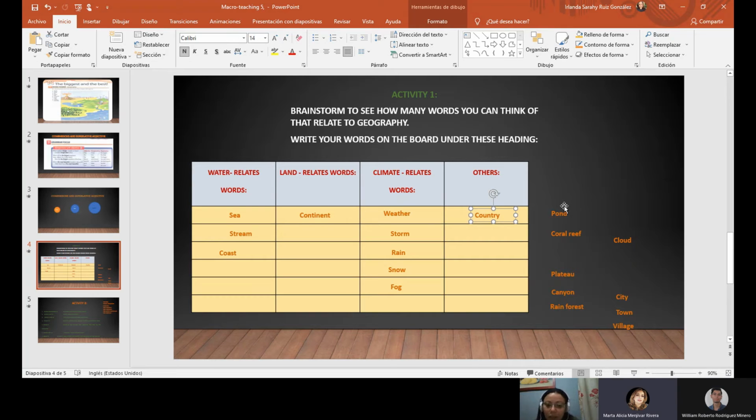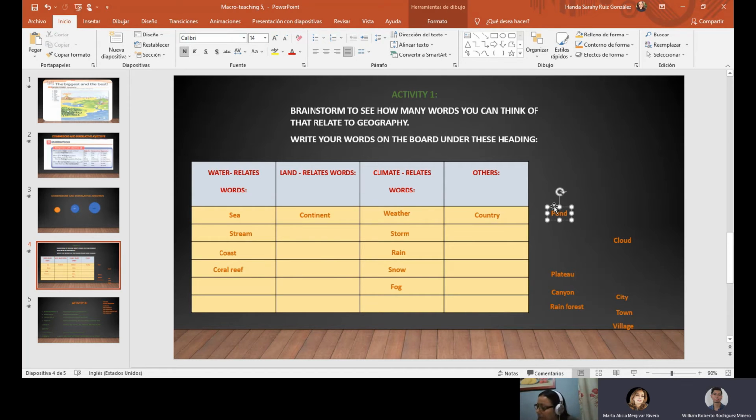Yes, because it's not water, it's not land, it's not climate. It's in this space, other. And coral reef, Marta? Coral reef is related with water. You're right, perfect.